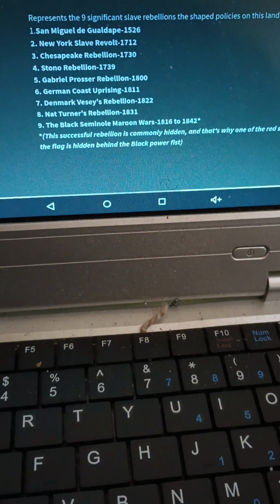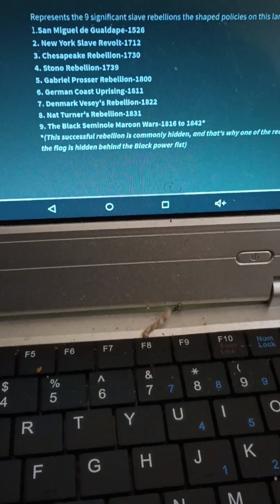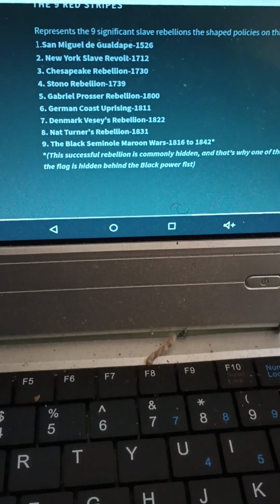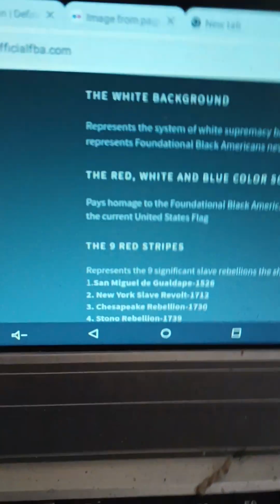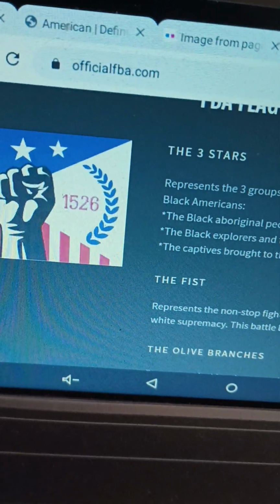This successful rebellion is commonly hidden, and that's why one of the red stripes on the flag is hidden behind the Black Power fist.